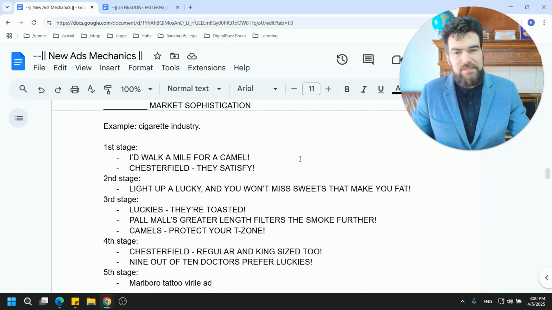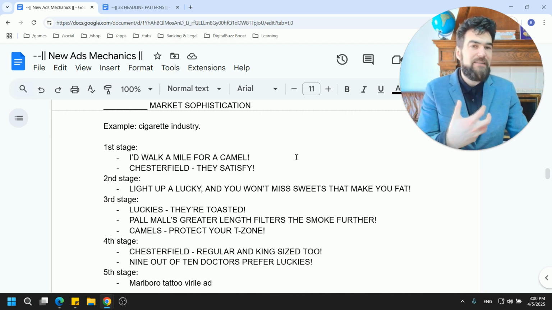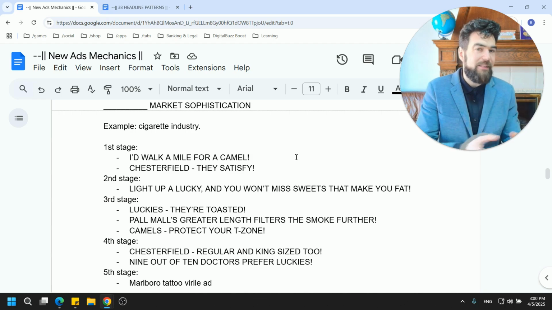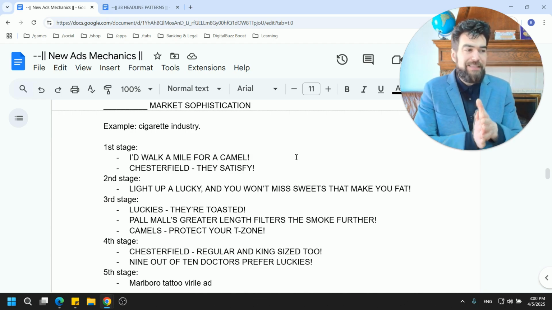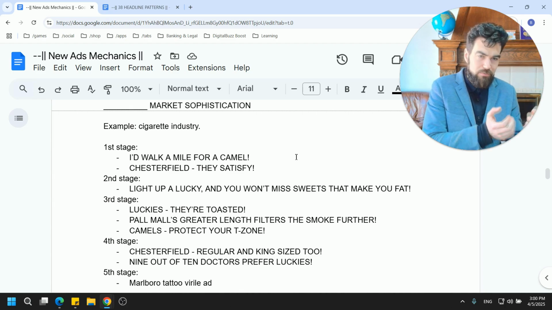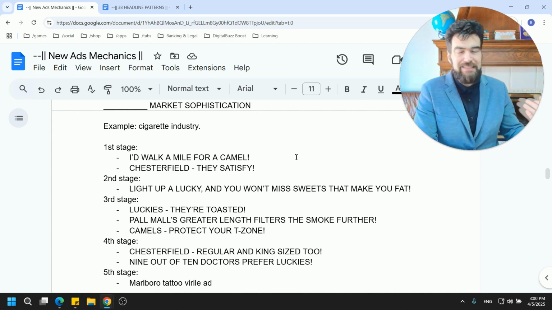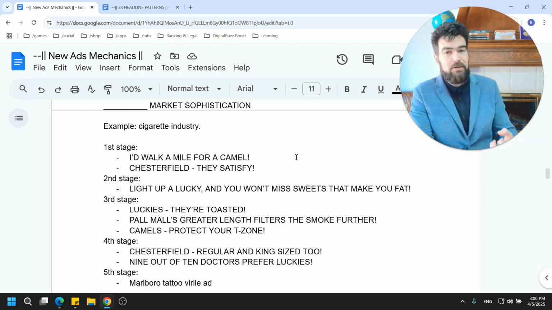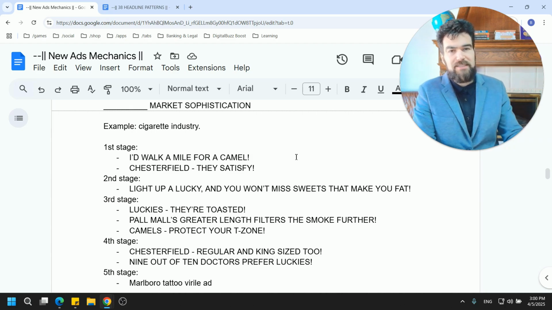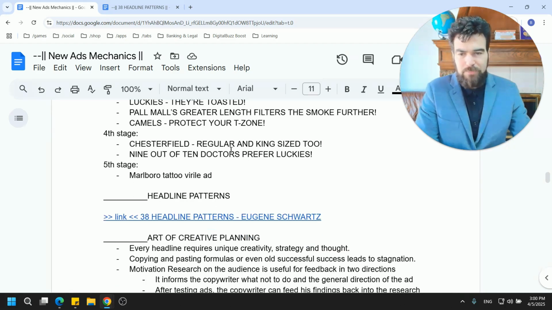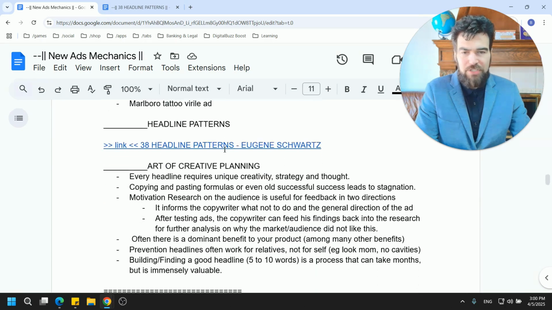And that's basically what sophistication is. So for the unsophisticated markets, we just simply state the things as they are. Then as they move into proper sophistication, a bit more complex, we need to think about mechanisms. And at the end of that, when markets are super complex, then we move more into unaware style messaging, which is like the fifth stage of sophistication.